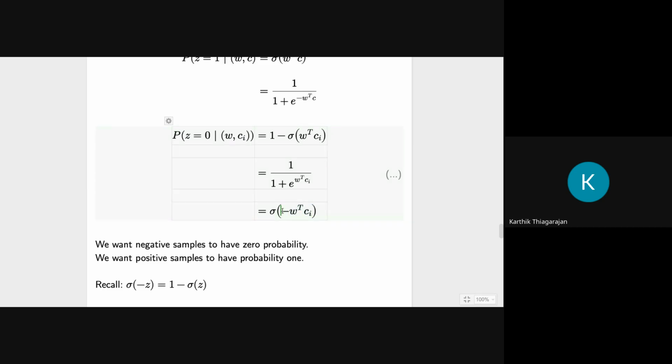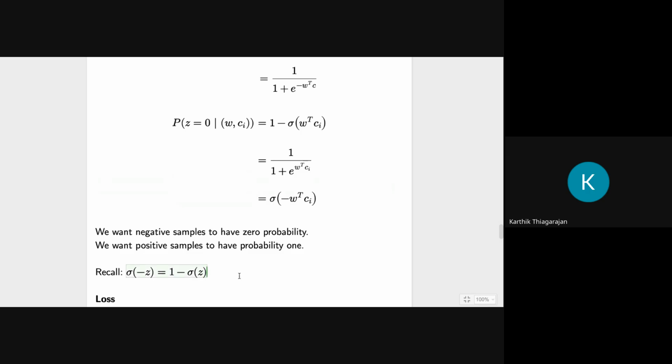And then I can do the below formula. That is also fine. Yeah, both are the same. So you could do sigma of W transpose C and 1 minus that, or you could do the other; both are the same. Yeah, whichever is convenient. Okay.